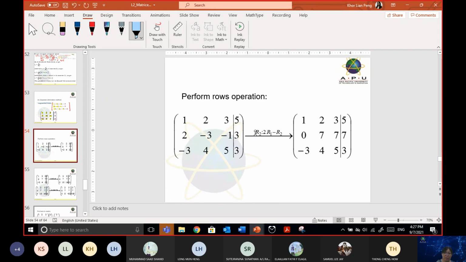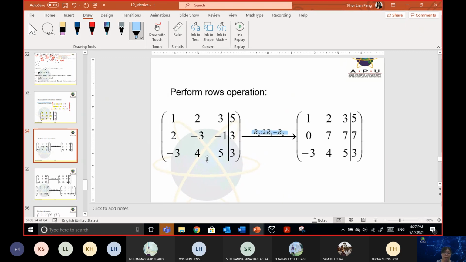This we call the elementary row operation. Remember just now I said we would like to change these three values to 0. We will start with the first column, changing the second value to 0, followed by changing the third value to 0.